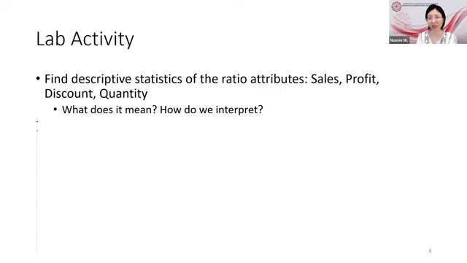What does it mean? What does it tell us? Why is the kurtosis like this? Why are the mean and the median like this? This is more important than using the tool to click, click, click, and then get the results.